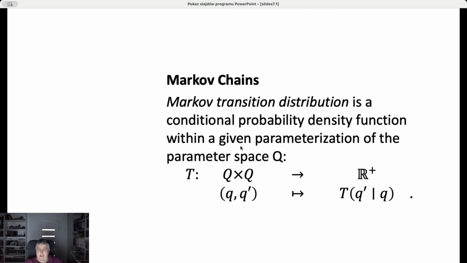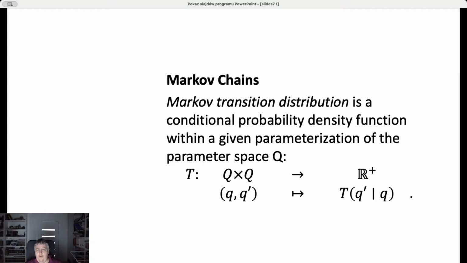So let's start. What is actually a Markov chain? A Markov chain is based on a so-called Markov transition distribution. So a probability that, what is the assignment of probability, conditional probability of moving from point q to point q prime?